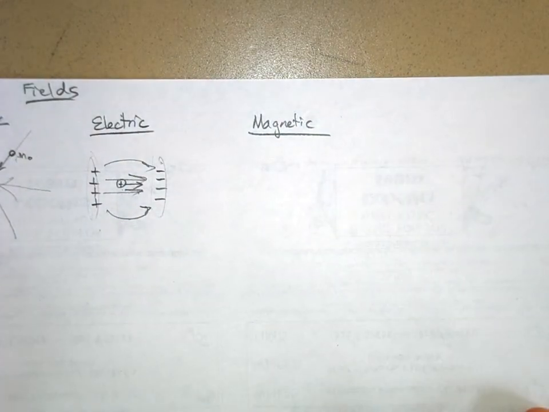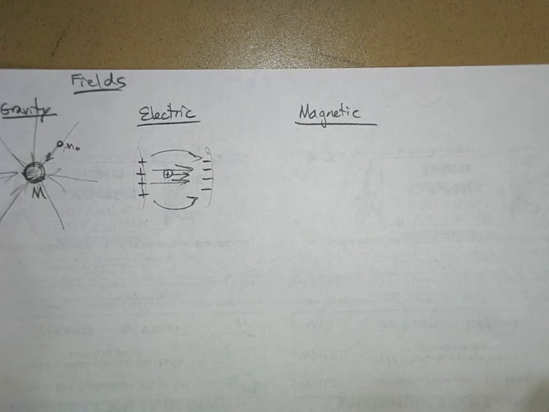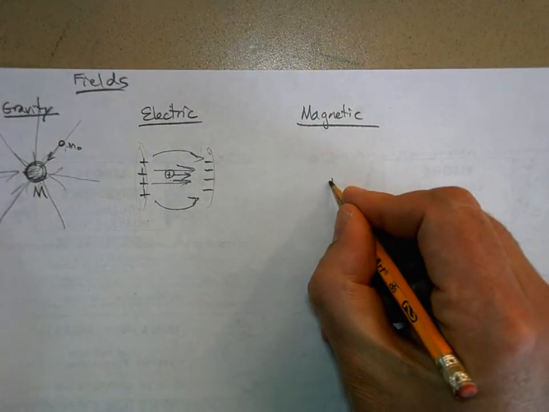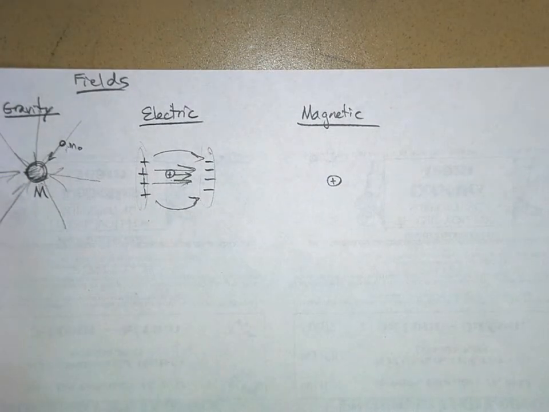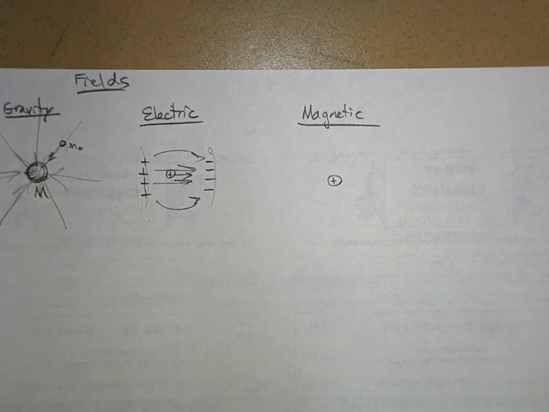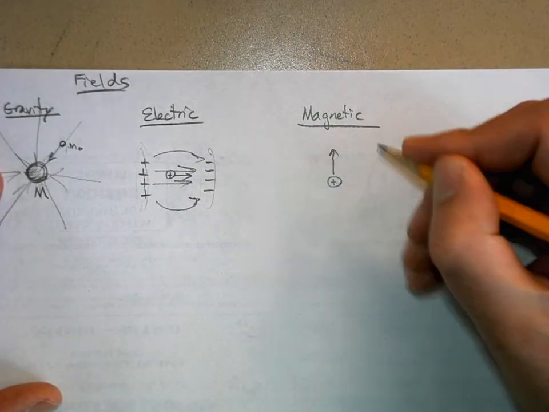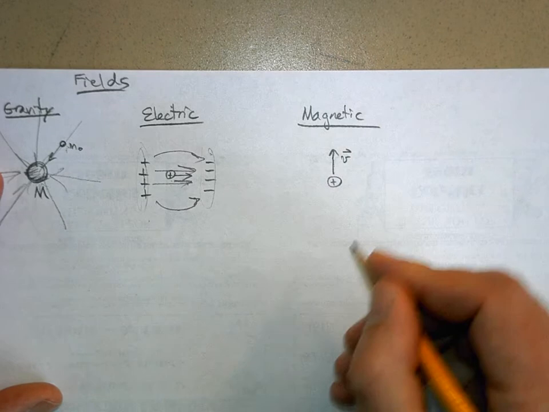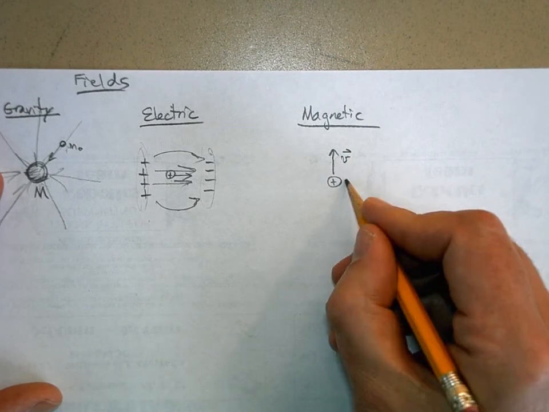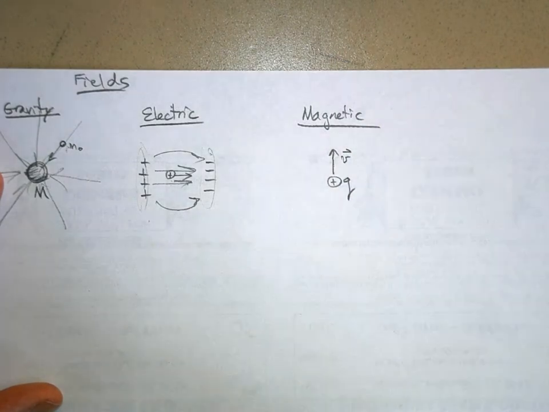Magnetic fields. Well, what is the effect on? The effect of a magnetic field is on a moving charge. Okay, so here's our charge, and it's moving.